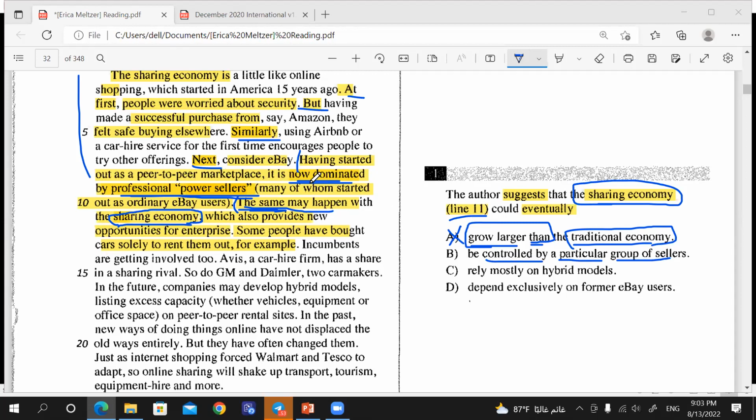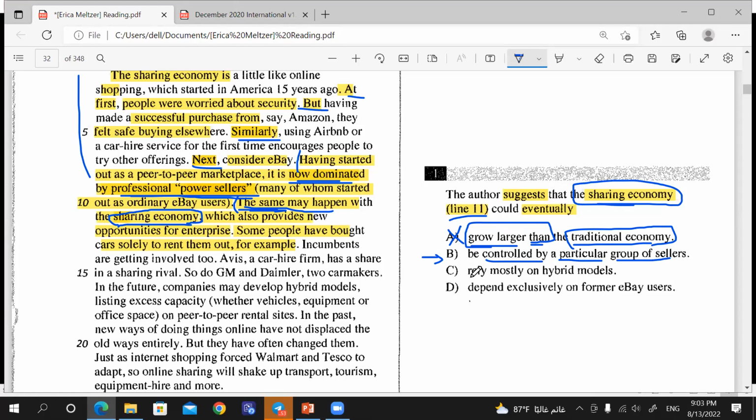They are equivalent ideas? Yes, they are, because controlled and dominated are similar. Oh my God, that's perfect. So we're going to keep it because we have certain evidence in the passage, in the context, that makes sense in terms of sharing economy. Thank you so much, Hazen.